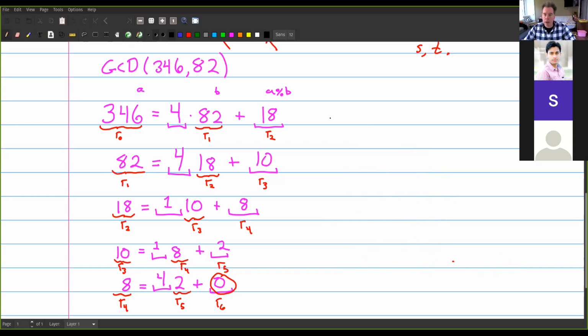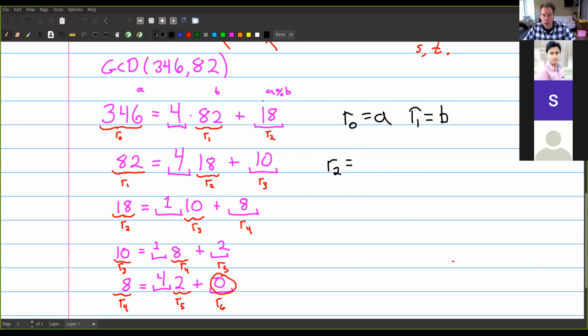Okay. All right. So notice that in this notation, R0 is just A and R1 is just B. Those are the two numbers that we want to find the GCD of. So you can express R2 in terms of A and B. It's easy. Can you do that?